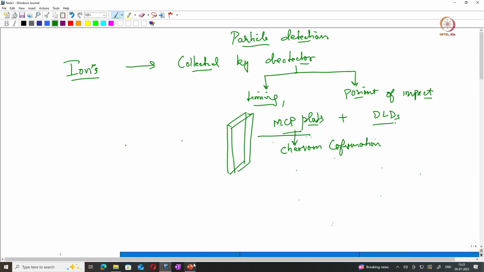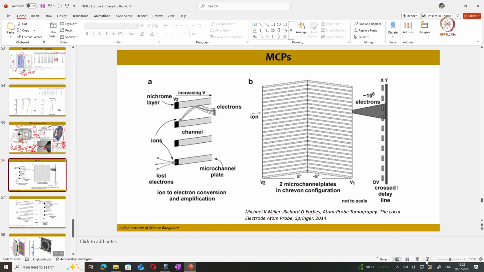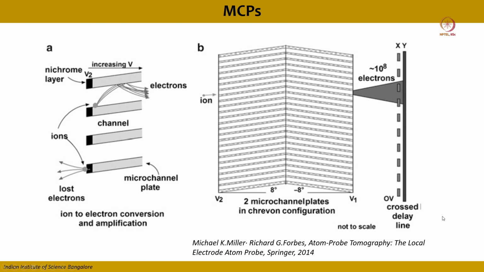What is chevron configuration? You can see it in this particular image. This is your cross section image, and this particular region is called a chevron configuration.